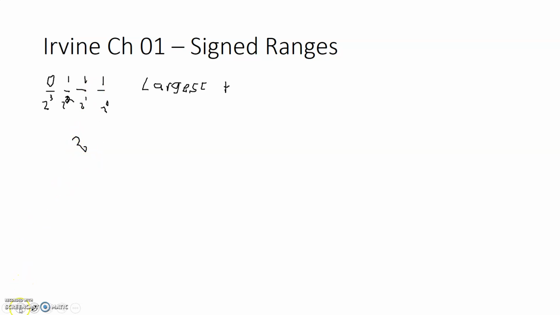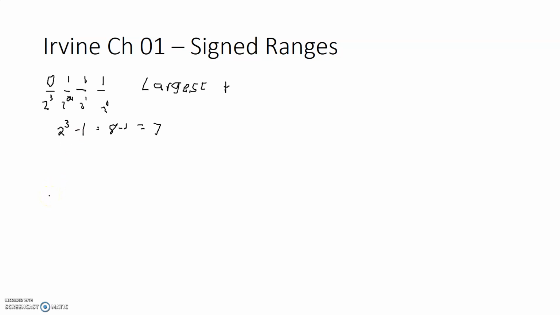It's 2 to the 3 minus 1, which is 8 minus 1, which is 7. So when we're dealing with 4 bits, the largest positive would be 2 to the 3 minus 1.